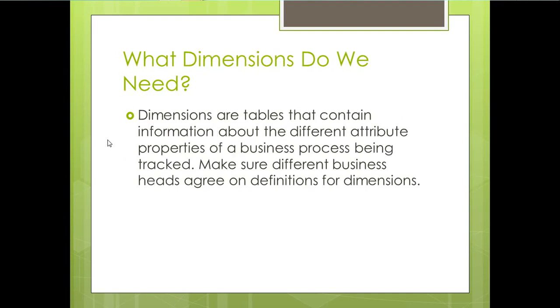So, what dimensions do we need? Dimensions are tables that contain information about the different attribute properties of a business process being tracked. So, basically, dimensions go hand in hand with fact tables. A fact table cannot exist without having a dimension, because otherwise you're not tracking anything and the fact table will not have any useful information.